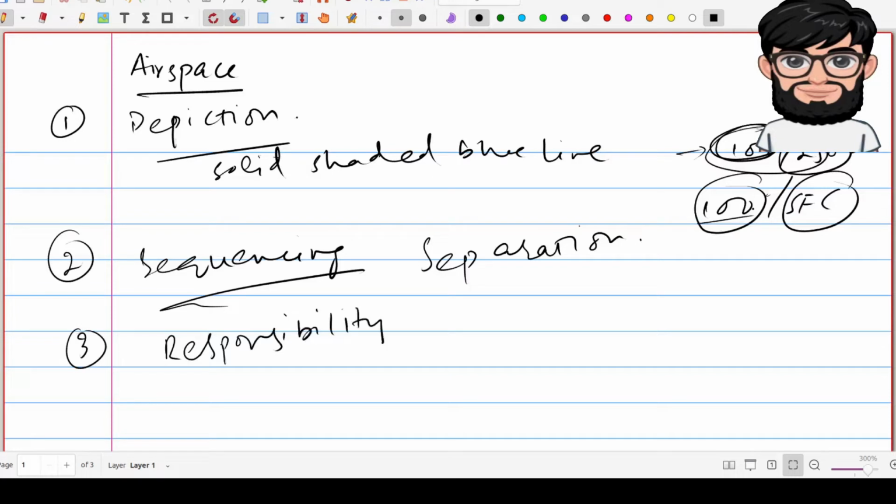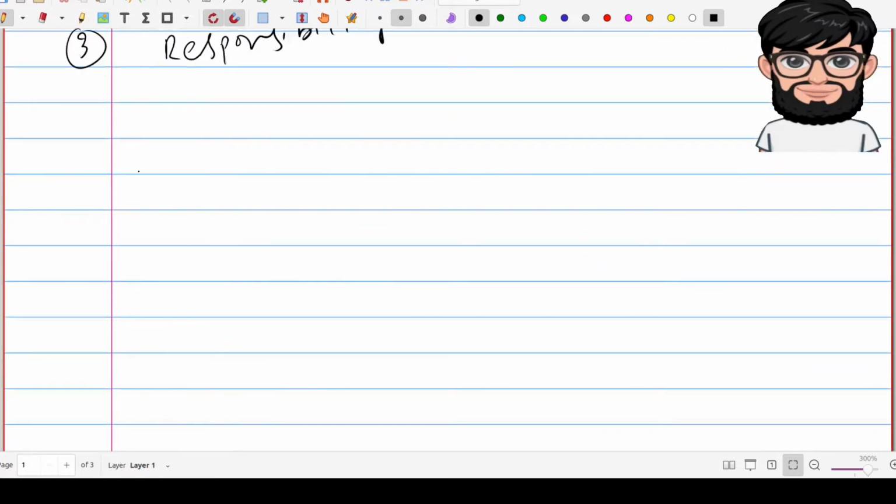Even though ATC is providing you the sequencing and separation, in terms of responsibility, the pilot in command is responsible for avoiding the wake turbulence, and even the weather conditions.